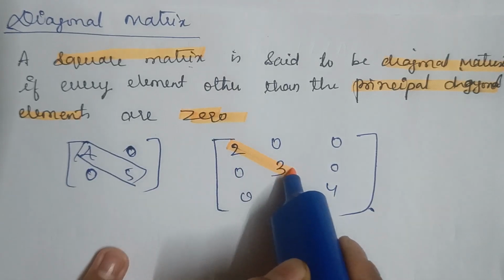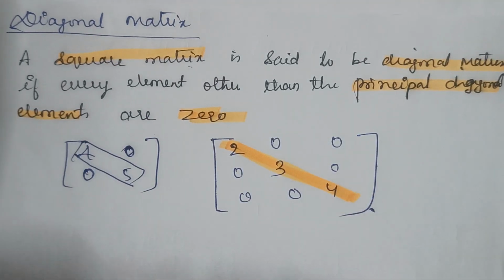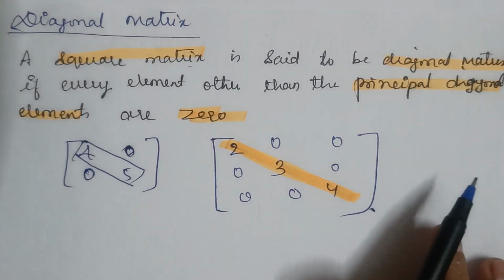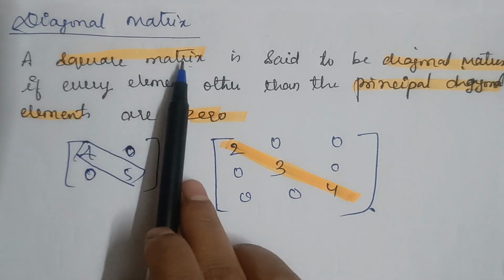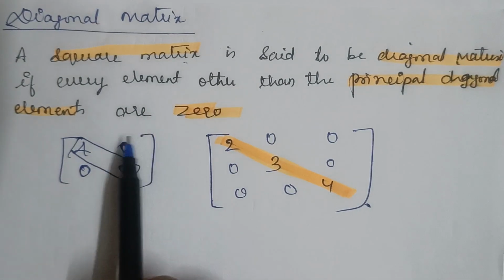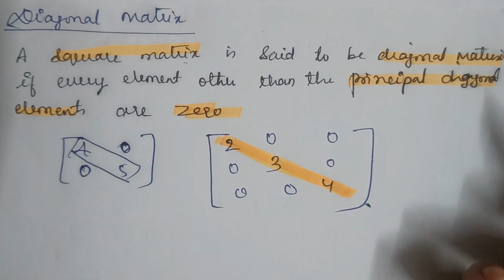This is the principal diagonal. First condition, it has to be a square matrix. A square matrix is called a diagonal matrix only if the principal diagonal elements are non-zero and all the other elements are zeros.